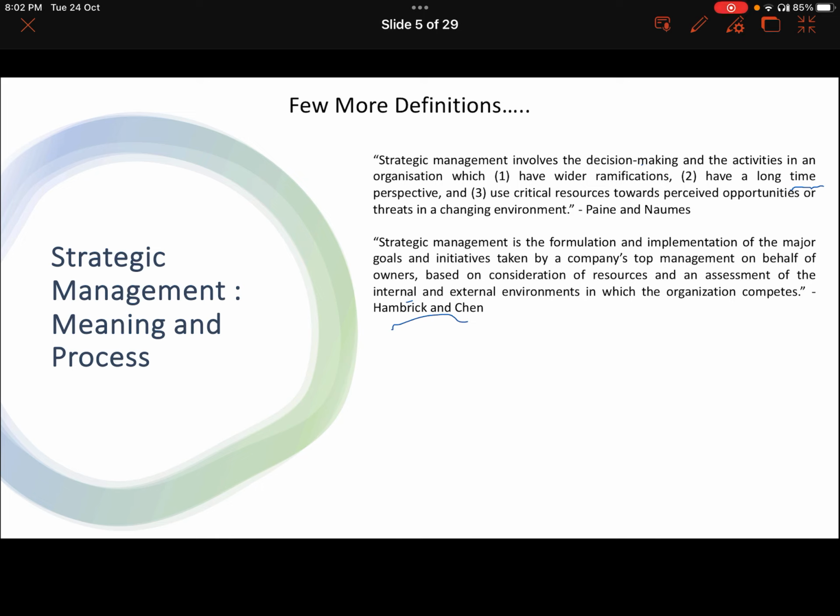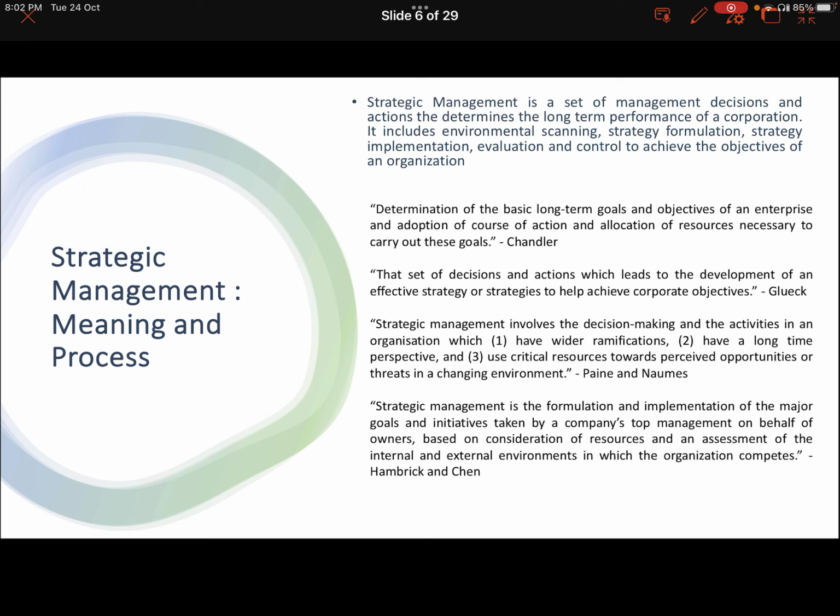Again, it doesn't require any big explanation. These are all the points we discussed. It is a top management initiative which sets the organization goals and objectives. They talk about allocation of resources. It also includes internal and external environmental scanning to take those decisions. I hope you guys are very clear now what exactly strategic management is.